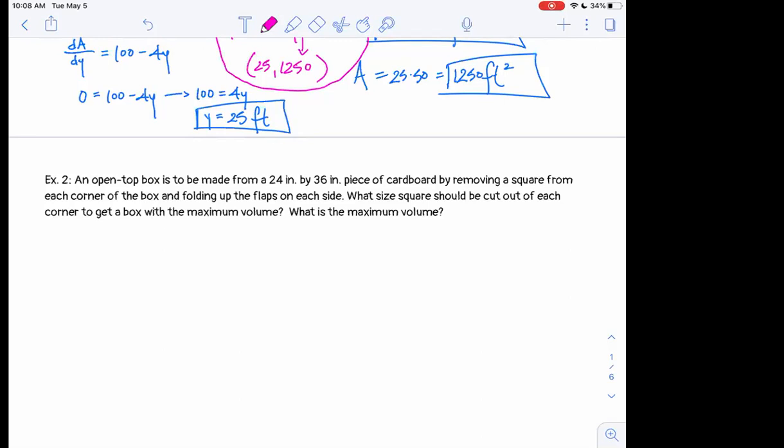What is the maximum volume? Immediately I'm cued into this maximum volume, and I know that when I get to step 2, I better be writing a volume equation. When I get to step 3, I'm going to take the derivative of that volume equation and set it equal to 0.